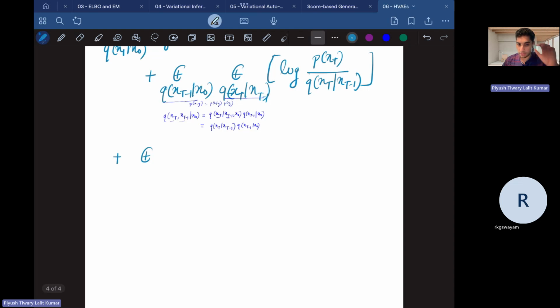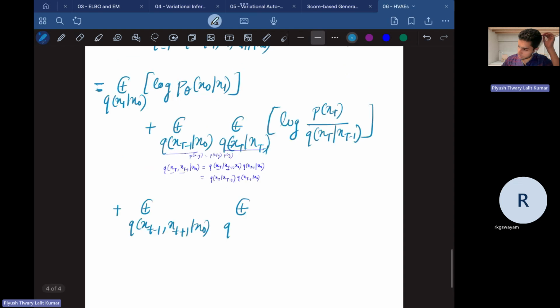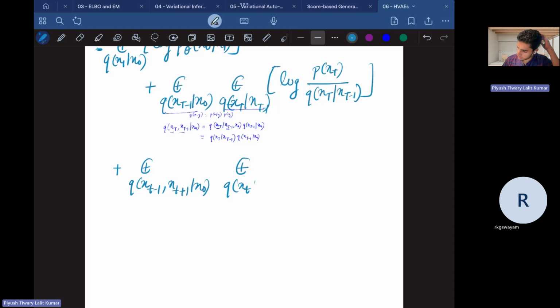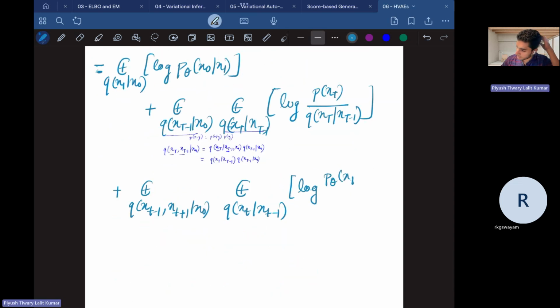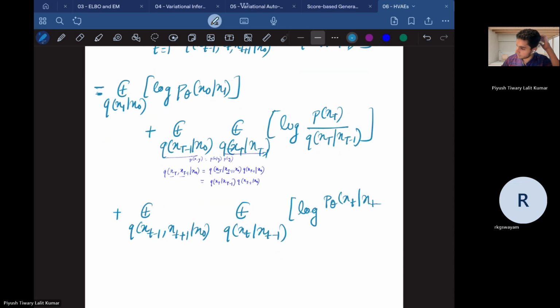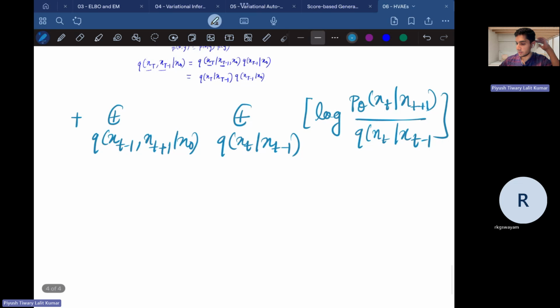For that, we will simply write this as q of x_{t-1}, x_{t+1} given x_0 and expectation of q of x_t given x_{t-1}, of log of p theta of x_t given x_{t+1} divided by q of x_t given, sorry, x_{t-1}.